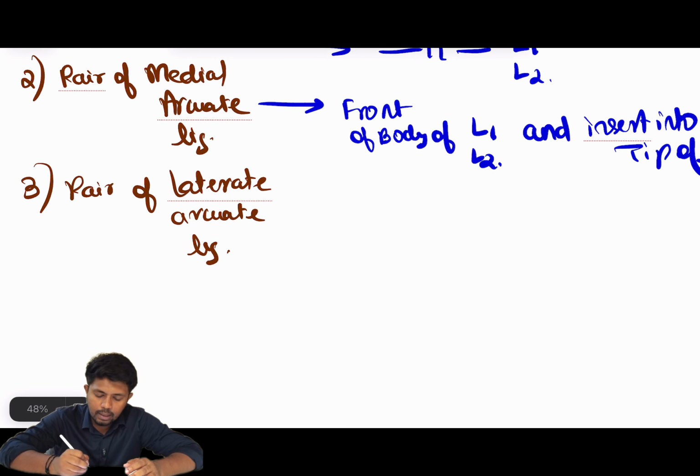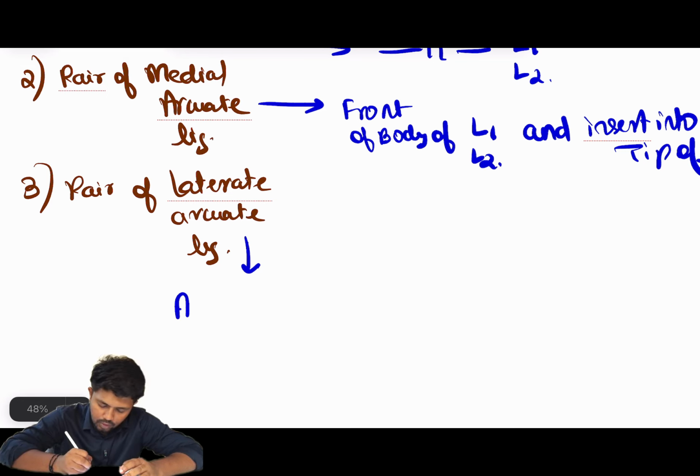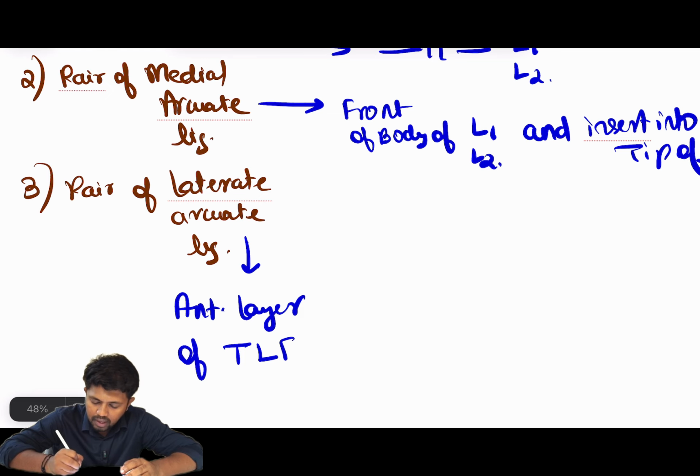Similarly, the lateral arcuate ligament arches over the quadratus lumborum muscle, and it is formed by the thickening of the anterior layer of thoracolumbar fascia.